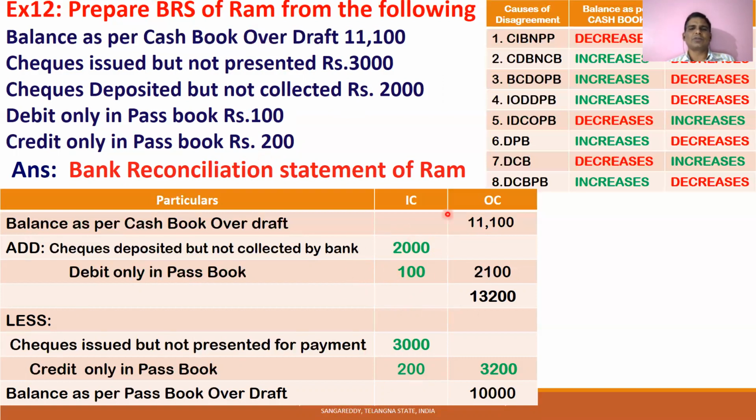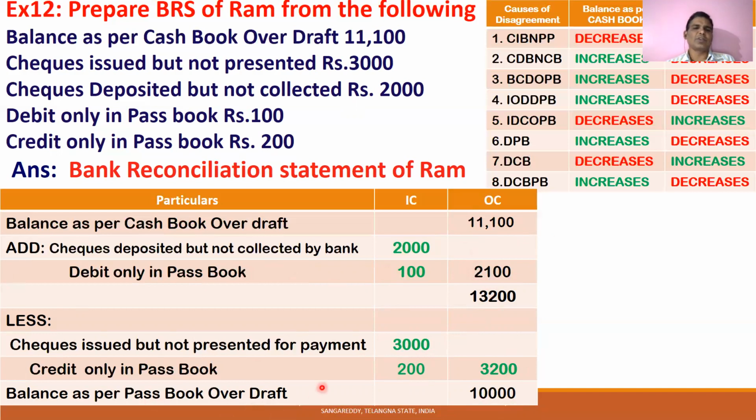So 2,100 less. 11,100 plus 2,100 is 13,200, minus 3,200. So 10,000 is the answer. When you take cash book OD balance, the answer is passbook OD balance.